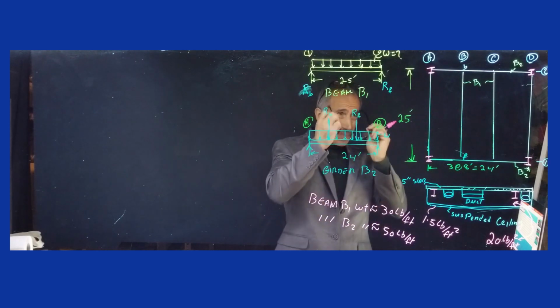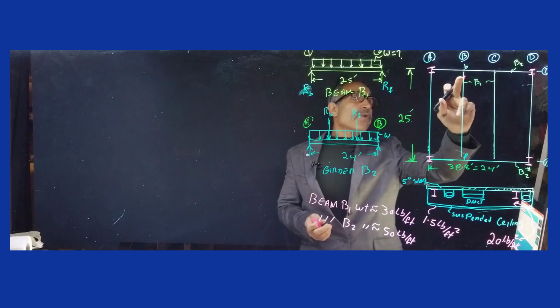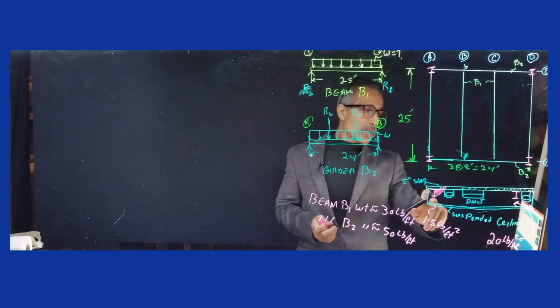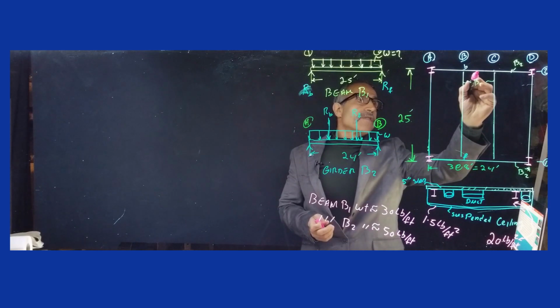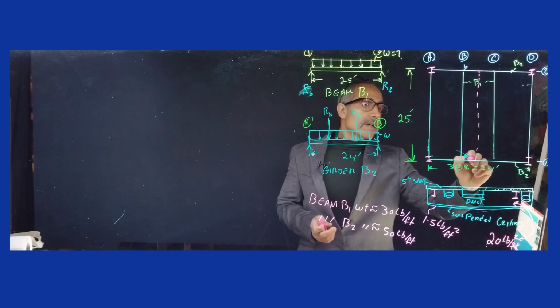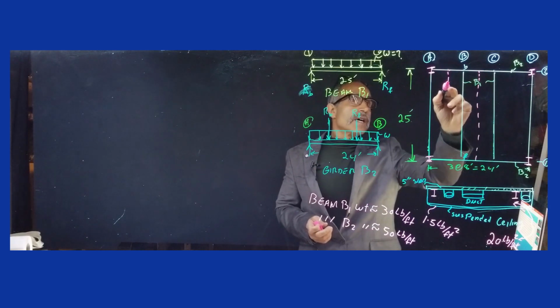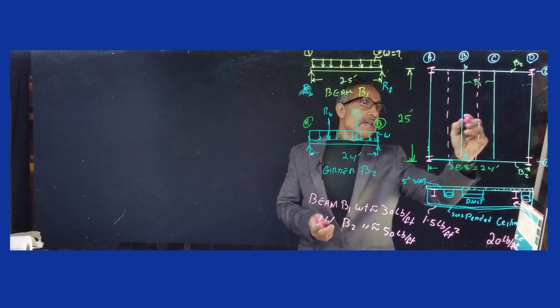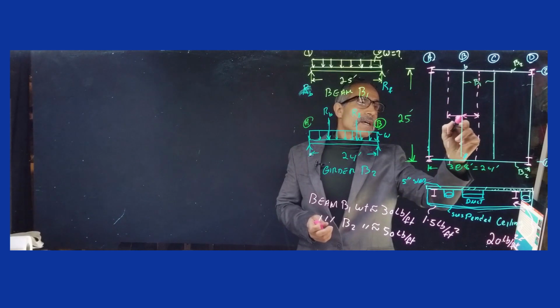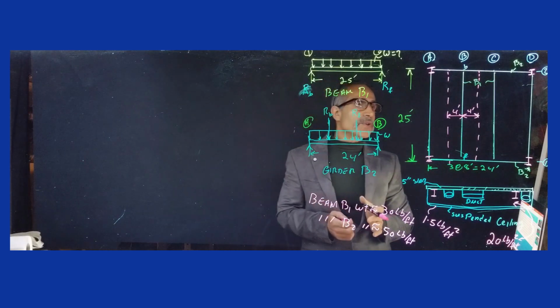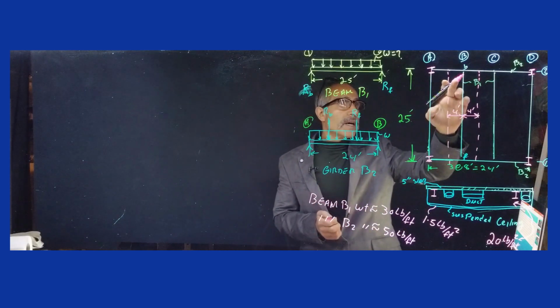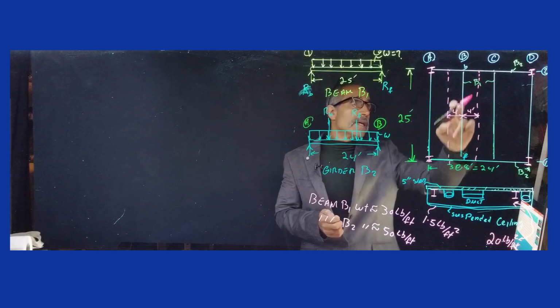So I go halfway between here and that beam. It's going to be 4 feet, a nice straight line, and that's another 4 feet right there. So this distance is 4 feet and 4 feet, and that inside of the pink area is my tributary area for the beam B1.